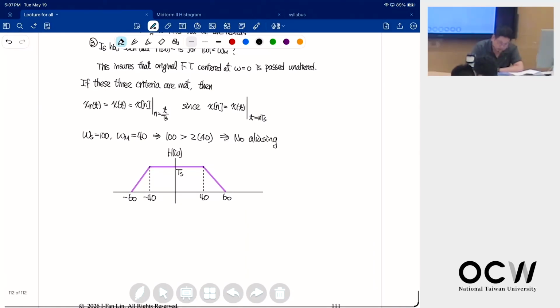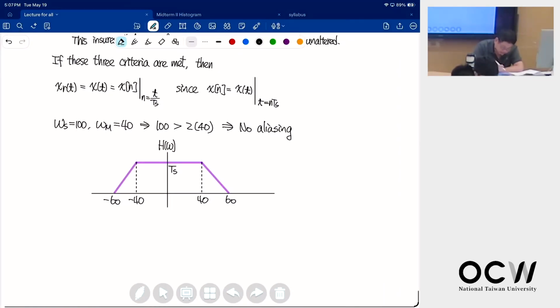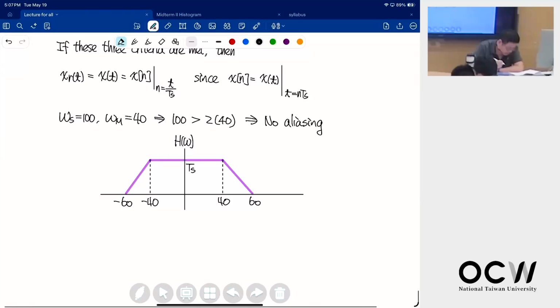So you can also check that actually criteria 2 and 3 are met.